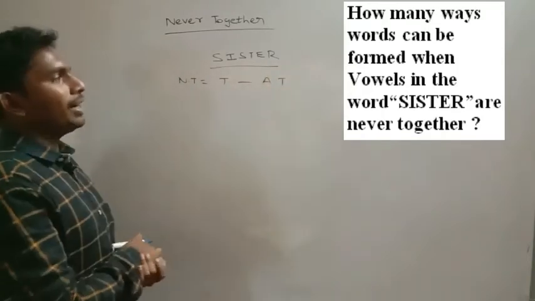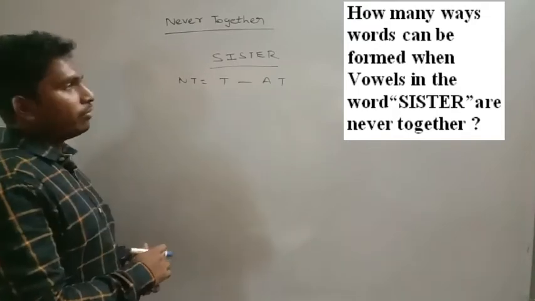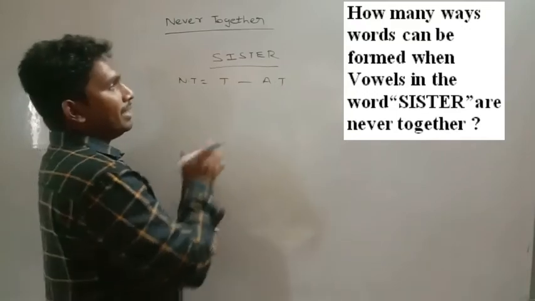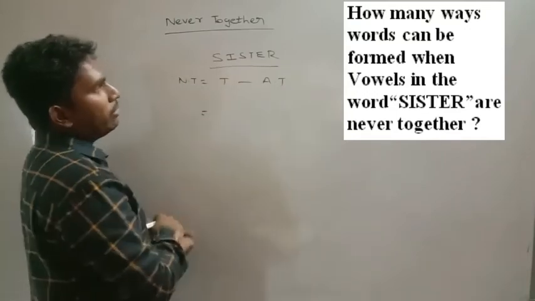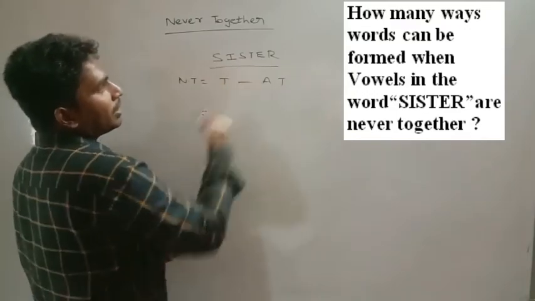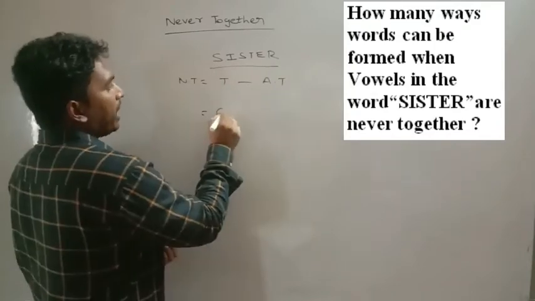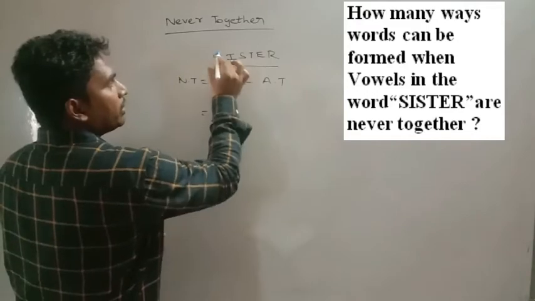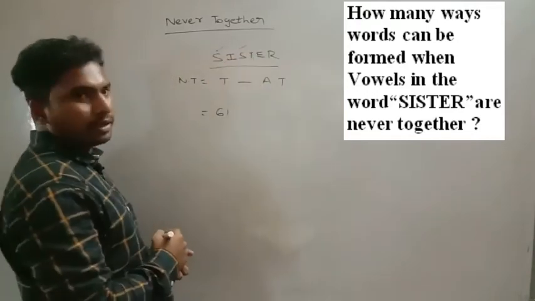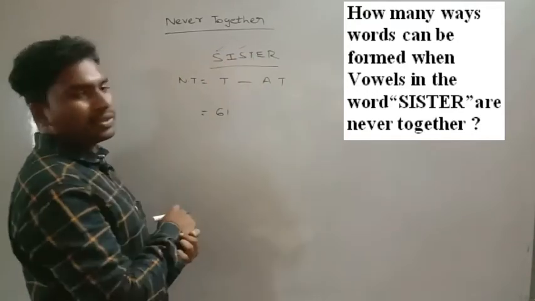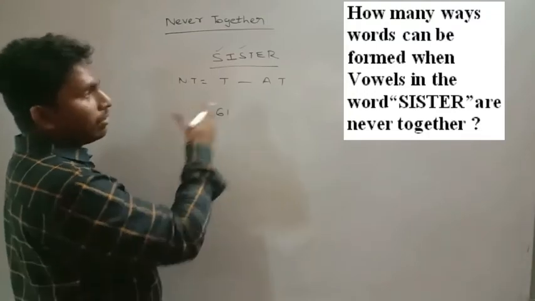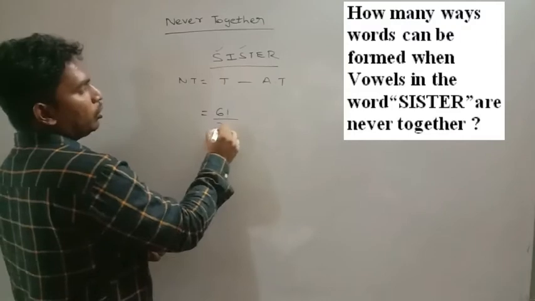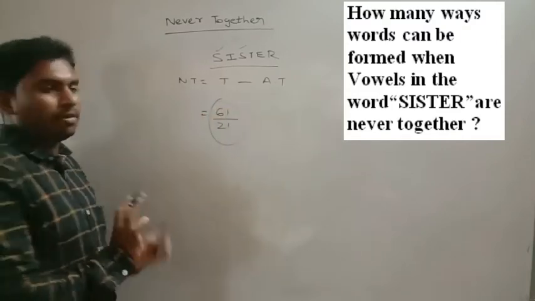So what is the total number of ways you can form different words with the letters of SISTER? There are 6 letters, so 6 factorial straight away. Is anything repeated? S is repeated, 2 times S came. So divided by 2 factorial. This is the total number of ways.